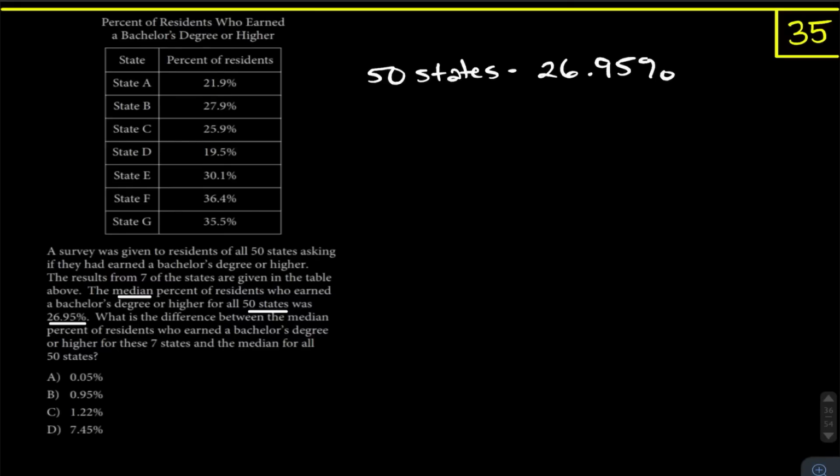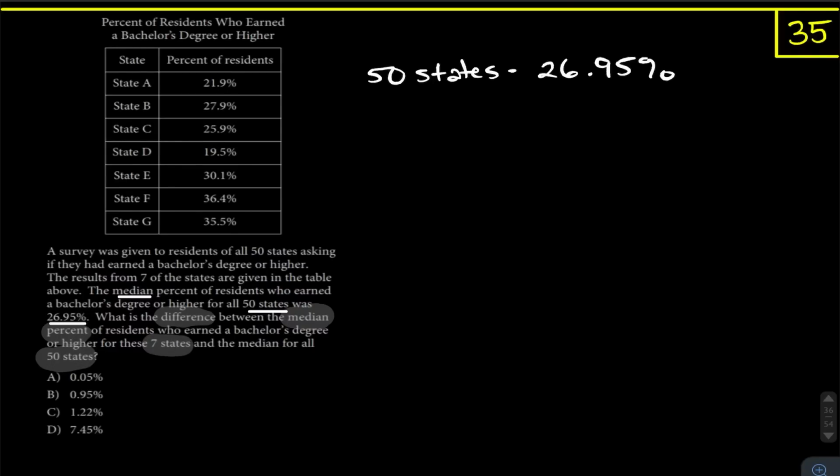We'll see. What is the difference? Okay, so we're asking for a difference now between what? The difference between the median percent, actually I'll highlight this now because it's a different sentence. What is the difference between the median percent of residents who earned a bachelor's degree or higher for these 7 states and the median for all 50 states?